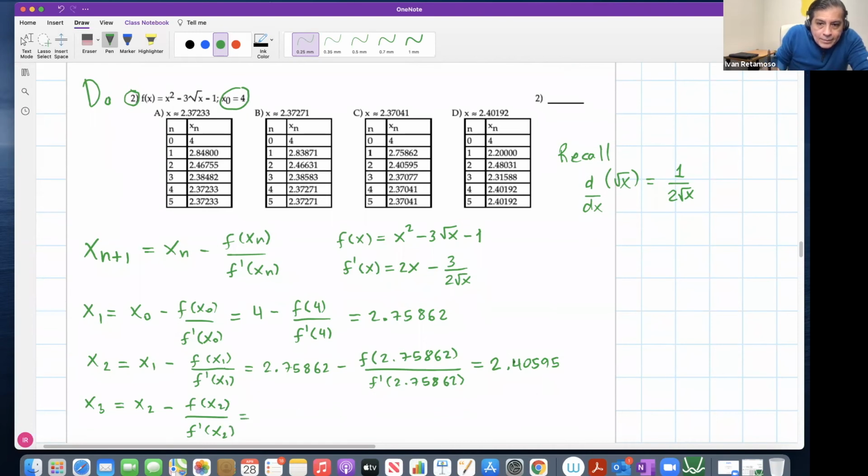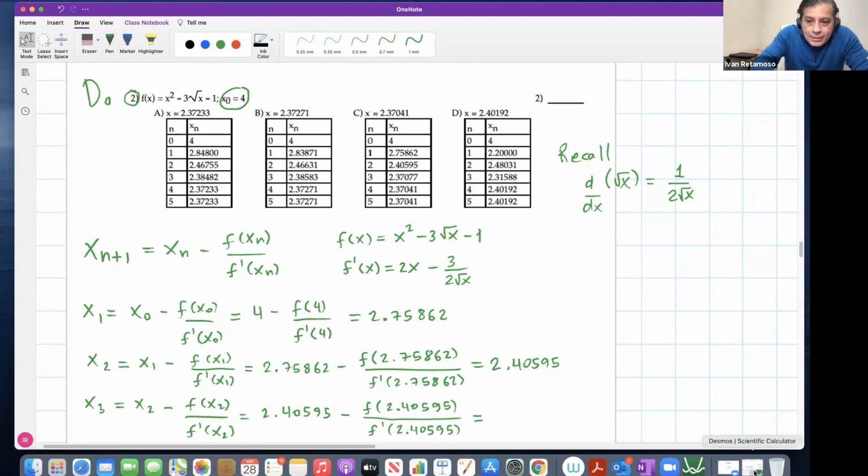Now this will be the new value, 2.40595, minus the evaluation at 2.40595, divided by the derivative of the function evaluated at 2.40595, right? Let's see what we get.